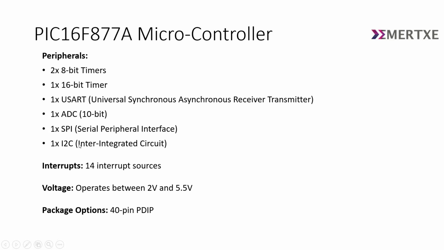And we have inter integrated circuit, I2C, and one ADC, that is analog to digital converter, of 10 bits. Plus we have interrupts, that is 14 interrupt sources. And we have voltages between 2 to 5.5 volts, and packaging is a 40 pin dual inline package.